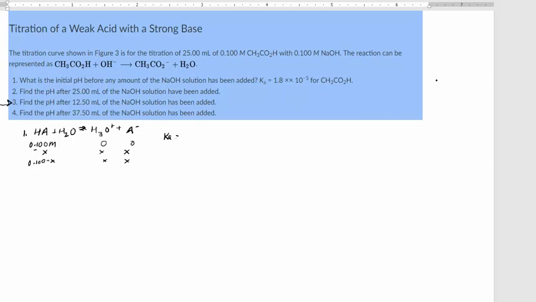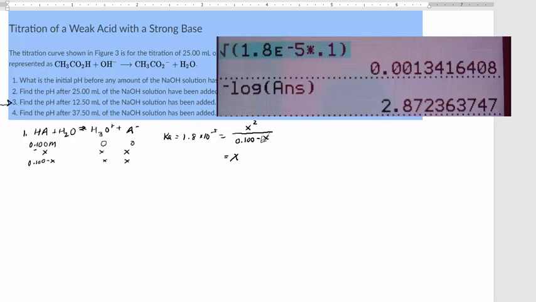The Ka is provided for us at 1.8 times 10 to the negative 5, and that represents the ratio of our equilibrium concentrations, our products, which in this case are represented by x's, so we have x squared divided by our reactant 0.100 minus x. I'm going to simplify here, and I'm going to solve for my x.